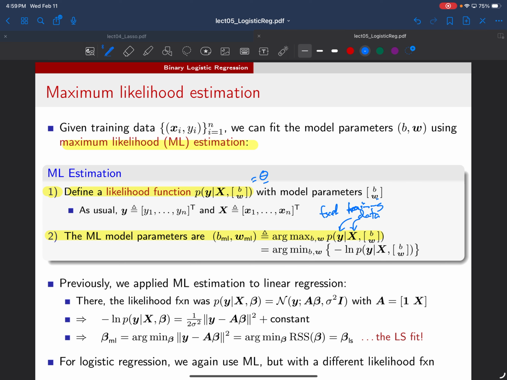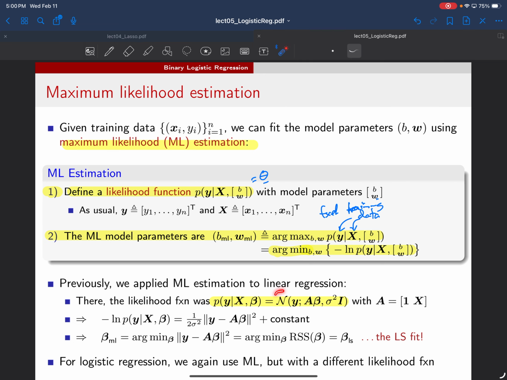And we said that often in practice, the expressions get a lot simplified if we take the negative log of the likelihood, so we can equivalently minimize the negative log likelihood. So that's the general procedure. And then we did this for linear regression. For that, we used this likelihood, which I alluded to on the previous page.